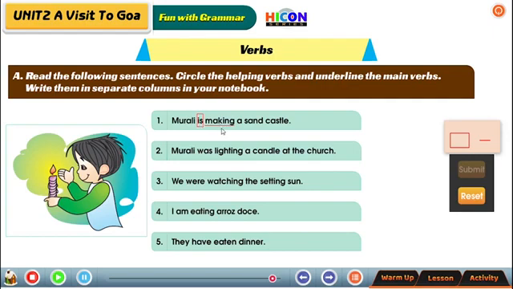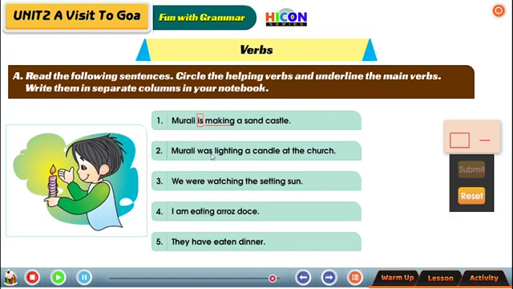Clear? Now, Murali was lighting a candle at the church. What is the verb part in this? Was lighting, isn't it? And what is the helping verb in that?